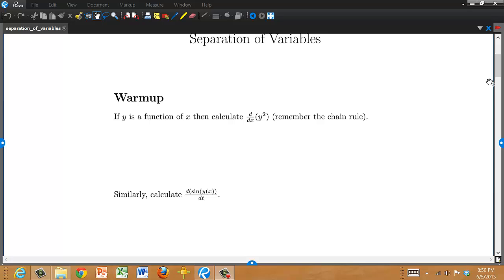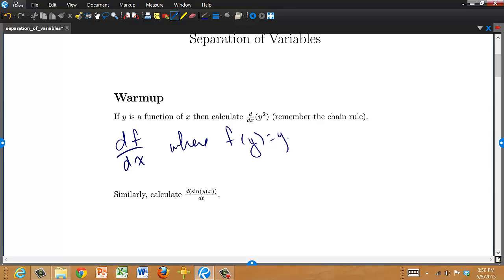Now, if y is a function of x, and I want to take the derivative of y squared with respect to x, remember that what we really have here is the derivative of f with respect to x, where f of y equals y squared.